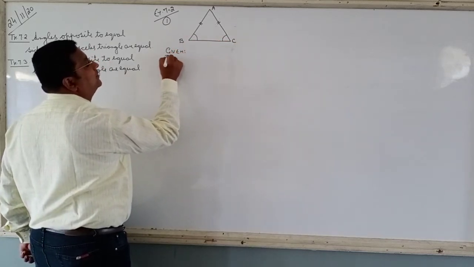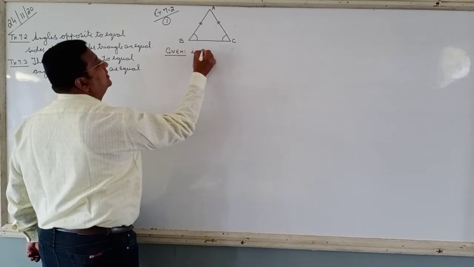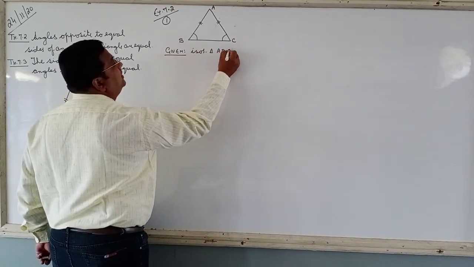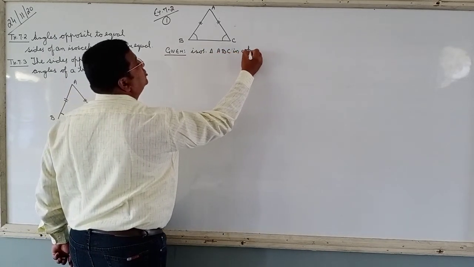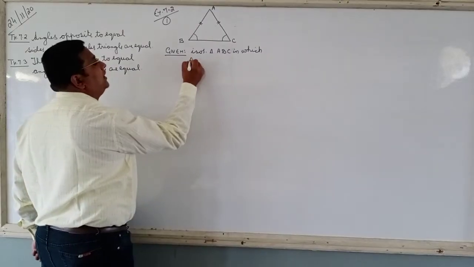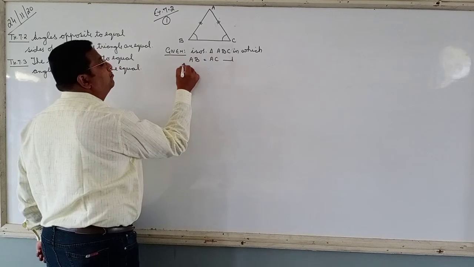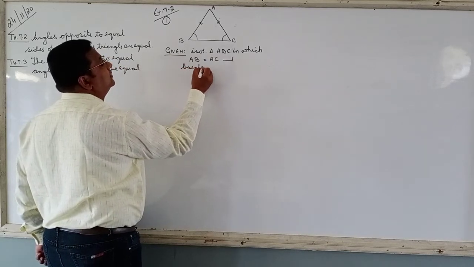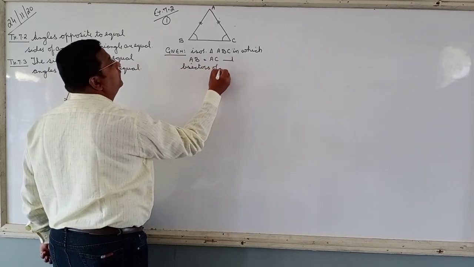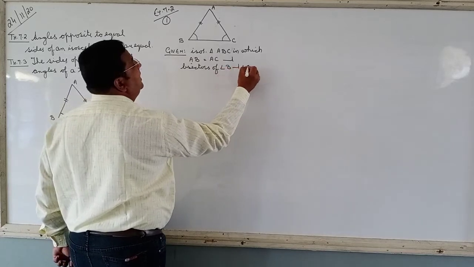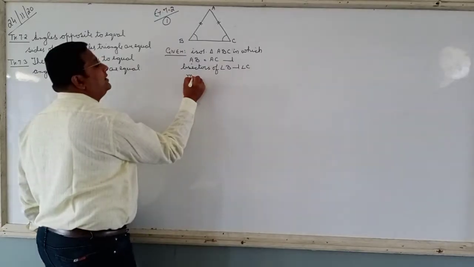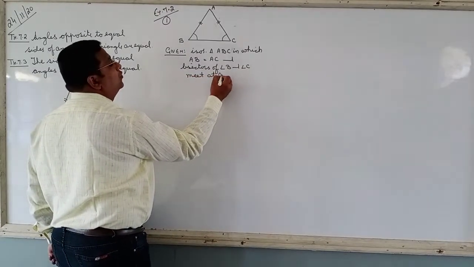We are given an isosceles triangle ABC in which AB is equal to AC and bisectors of angle B and angle C meet at O.